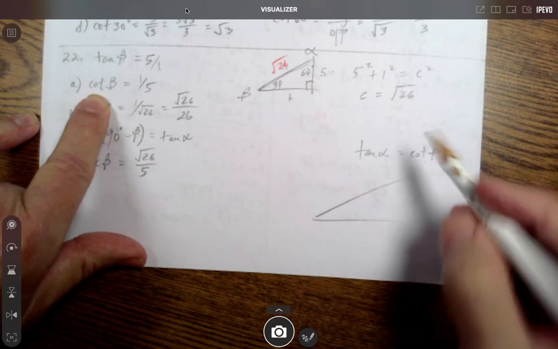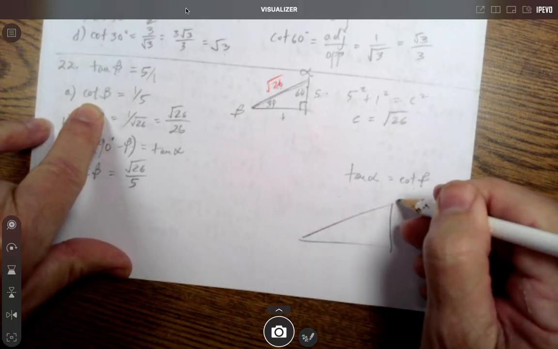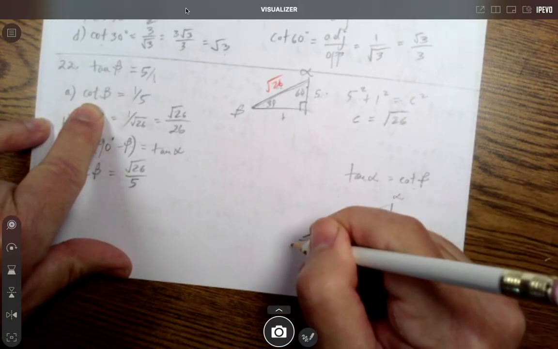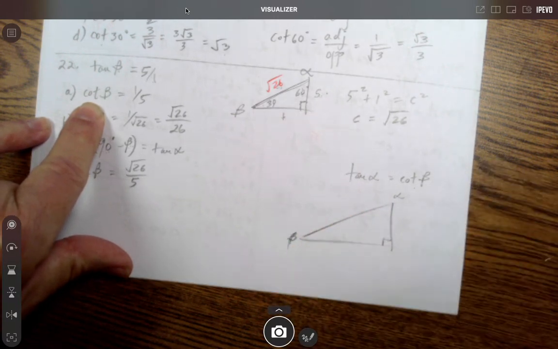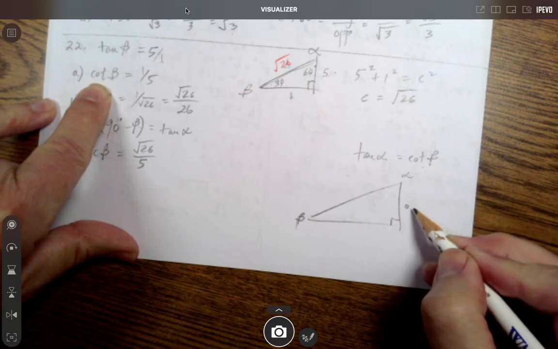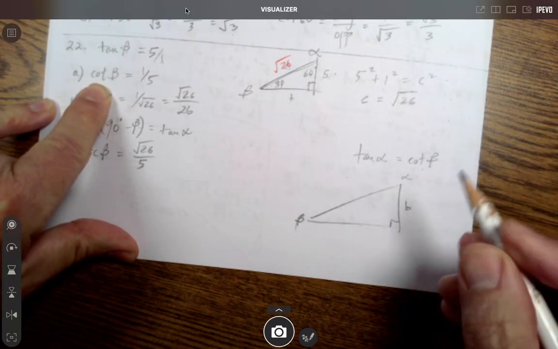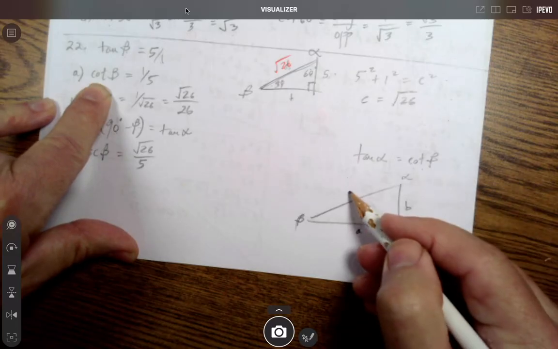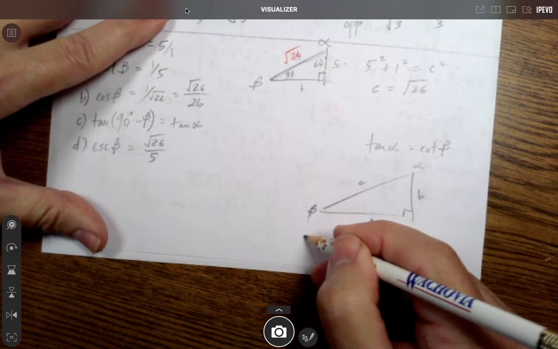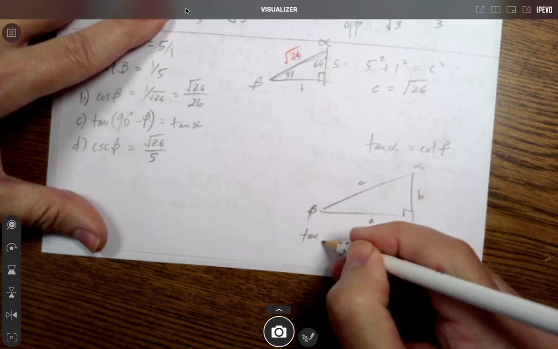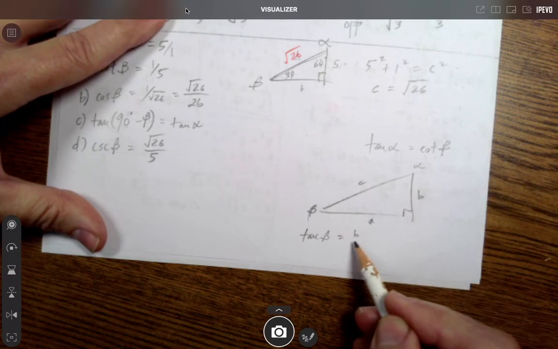Whenever, and I'll draw a little picture over here just to try to clarify. Let's say this is angle alpha. This is angle beta. Here's your right triangle. And this is your opposite. I'll call this side B. I'll call this side A. And this, of course, is C. Then the tangent of beta we know is B over A, right?